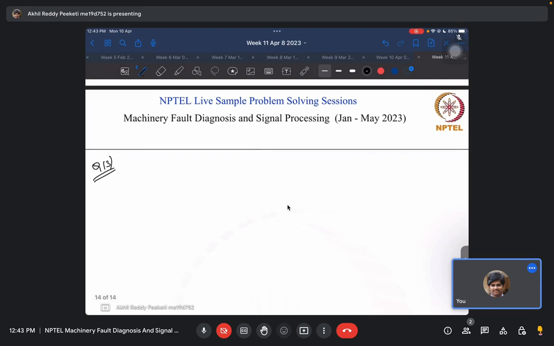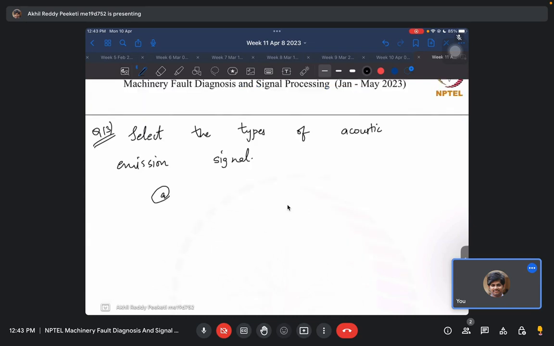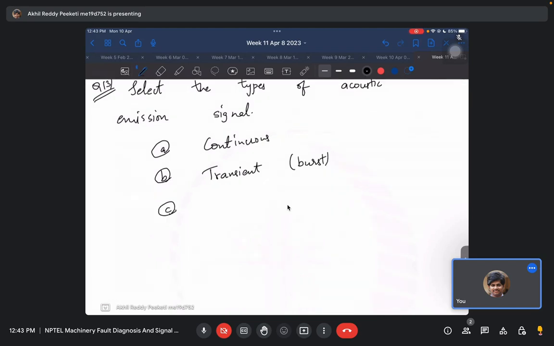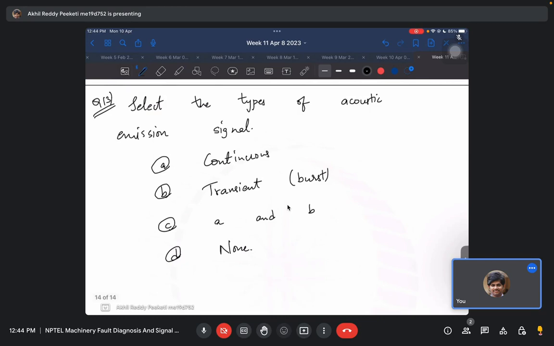So let's move to the next question. What are the types of acoustic emission signals?